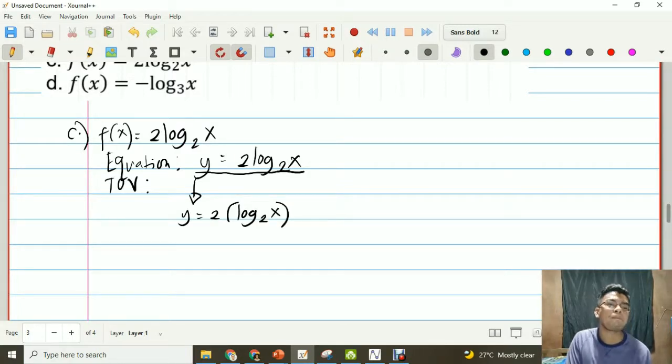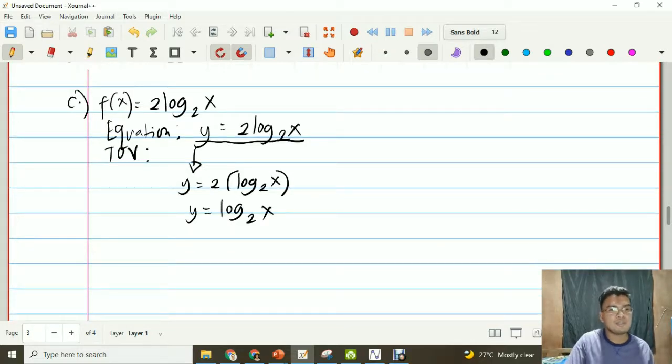So, meaning, ma-generate natin yung table of values para sa equation na ito sa pamamagitan ng table of values ni y is equal to log base 2 of x. So, papaano natin yung gagawin? We can generate the table of values this way. We have here x, and then we have here the y value for log base 2 of x.